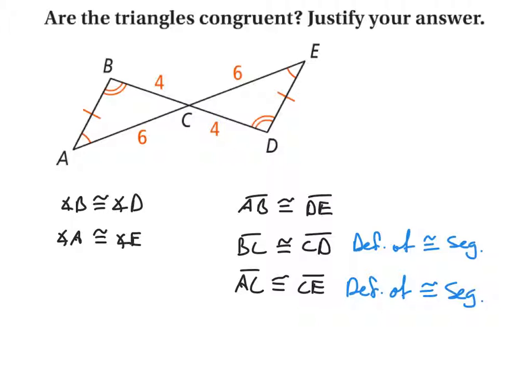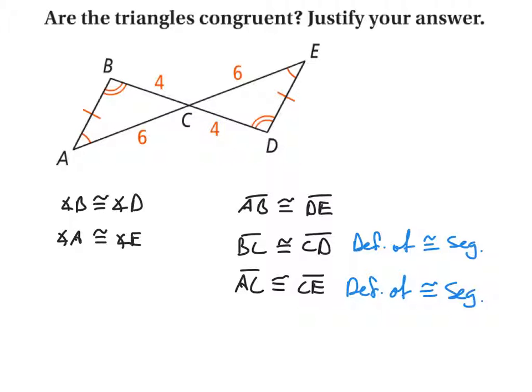Do we know any other angles are congruent, for any reason that we may have talked about in chapter 1, chapter 2, and chapter 3? I meant angle B and angle C.